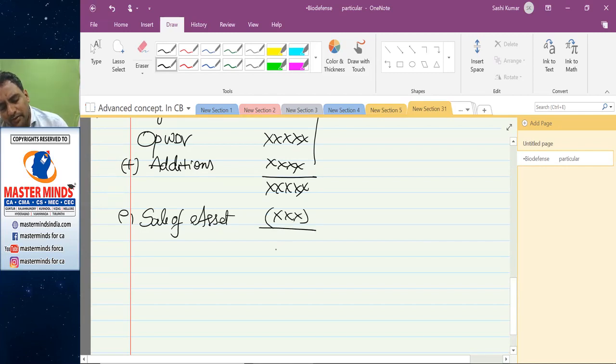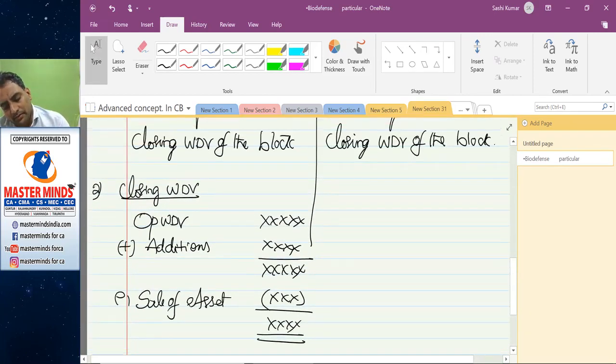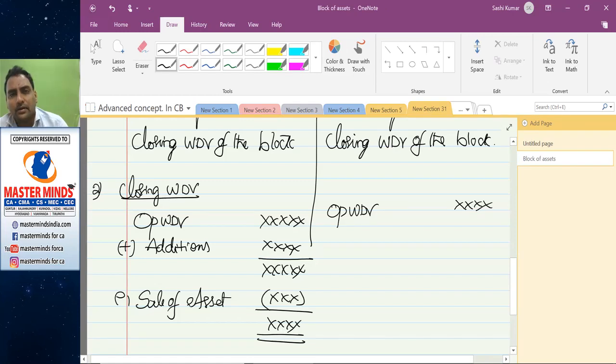Since it is the only asset, you don't find any opening WDV or sale here, so the resultant value will be the closing WDV. In the other case, opening WDV is there because there are several assets in the block.